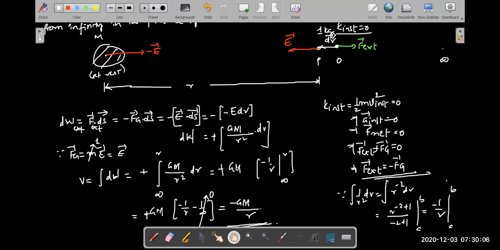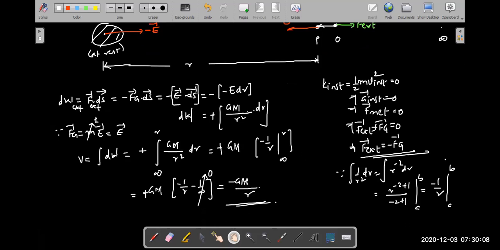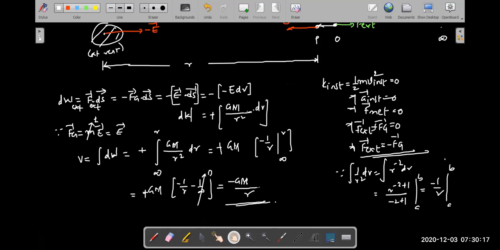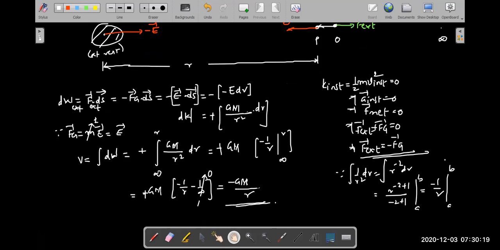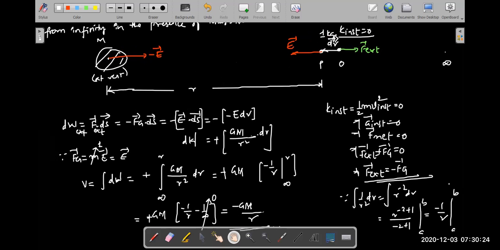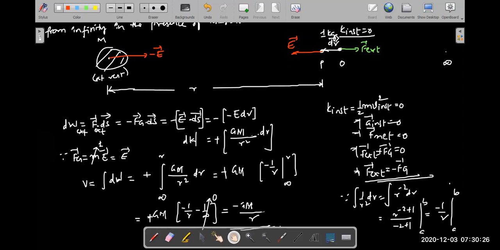We get it as G capital M times integral of this, which will be minus 1 upon r from infinity to r. So GM times minus 1 upon r, substitute the limits. First substitute small r, next substitute infinity. 1 by infinity is 0, so you get the answer as minus GM by r. Any confusion here?